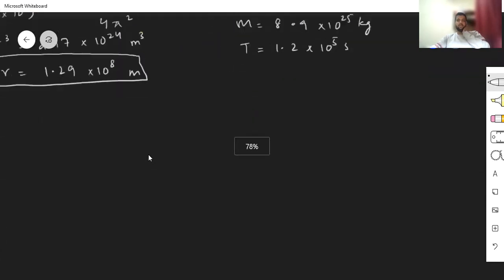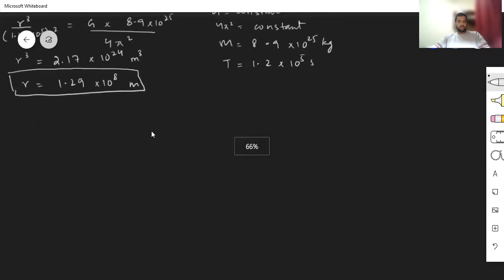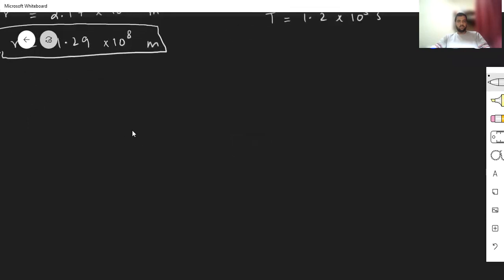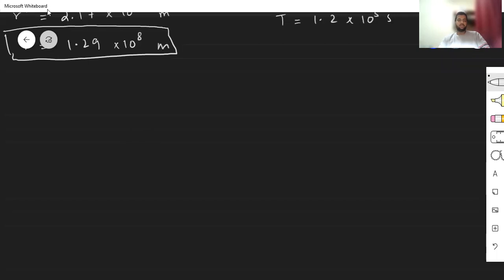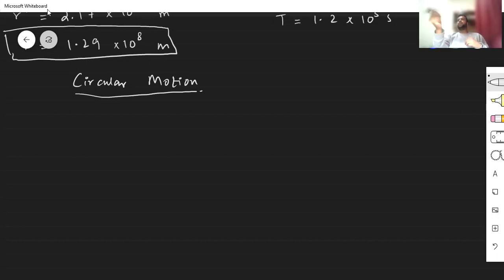Okay, well, let's just talk about circular motion. The idea behind circular motion is that I have some sort of string with a mass, and I'm rotating it around in a circle.